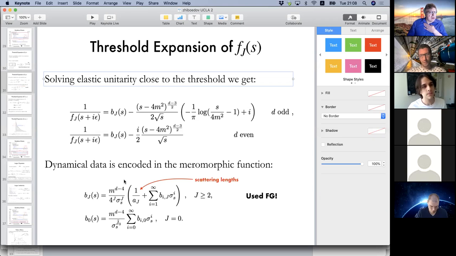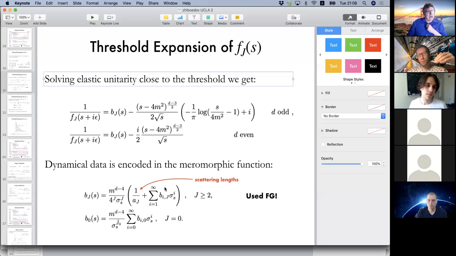That's for sure. Now, what I did was not putting bounds on these coefficients. I was saying that if you use this coefficient as an input, then let me try to constrain the whole structure of the amplitude in terms of this coefficient.